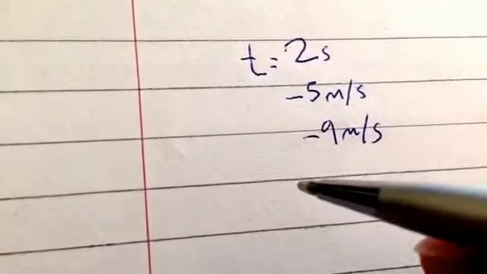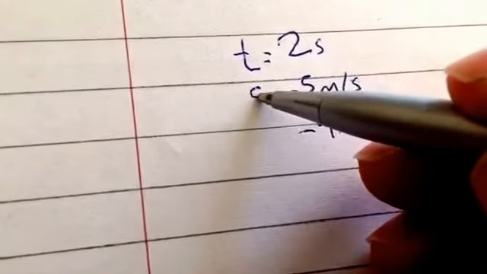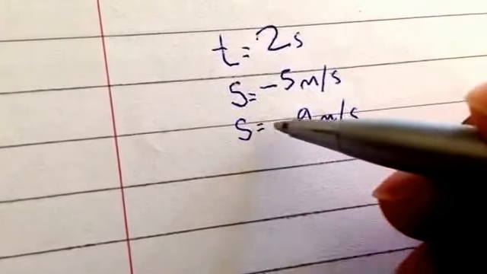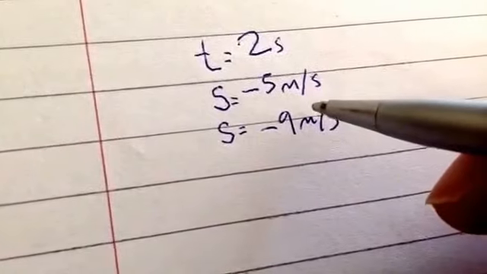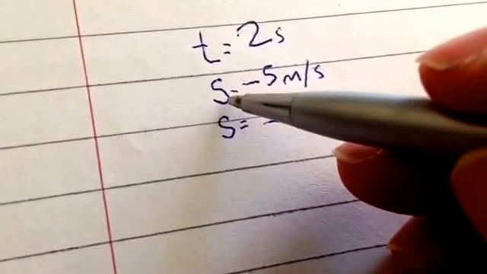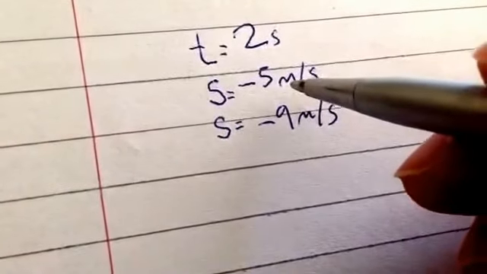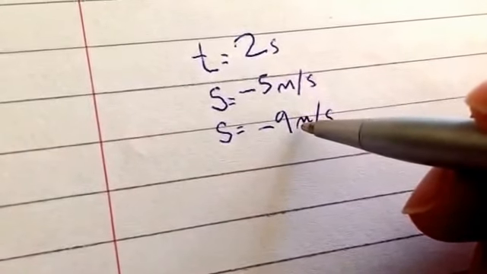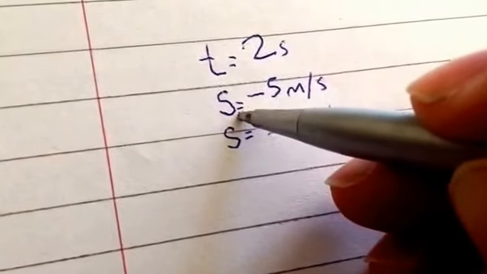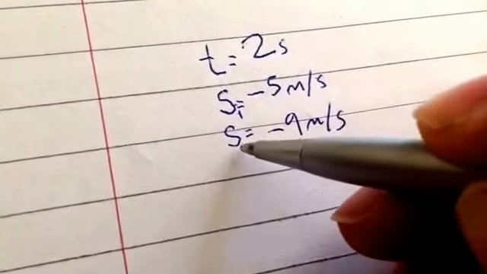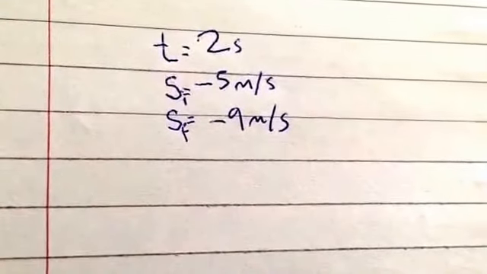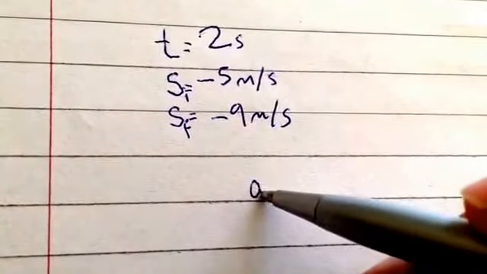But for simplicity, I'm going to use S. So this is S, and this is also S because it's meters per second. Of course, one of them's the starting speed, one of them's the finishing speed. So in the question it says it went from -5 to -9. So I'm going to say this one's the starting speed, the initial speed, and this one's the final speed. Okay? Now, it wants us to find the acceleration, A.